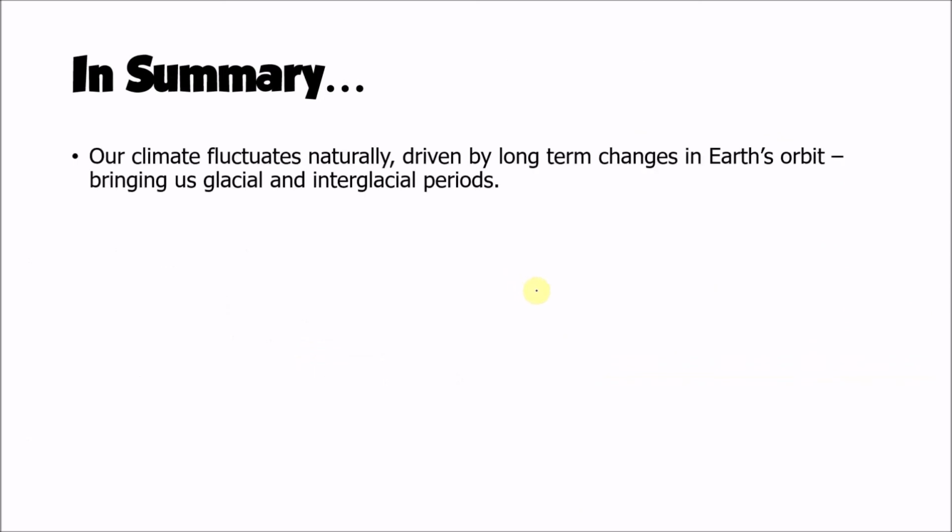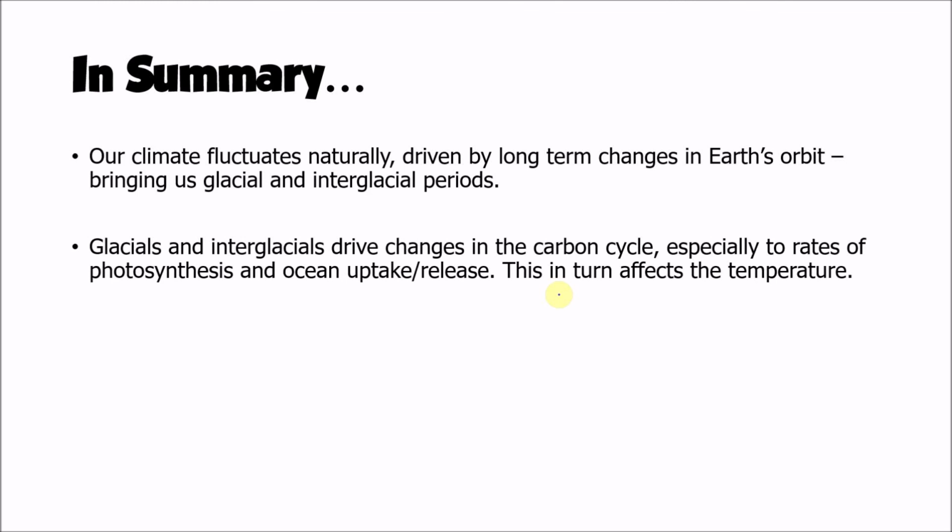So in summary then, our climate fluctuates naturally, and those climate fluctuations are driven by long-term changes in the Earth's orbit, known as Milankovitch cycles. And that brings us these glacial and interglacial periods that we experience relatively regularly throughout Earth's history.